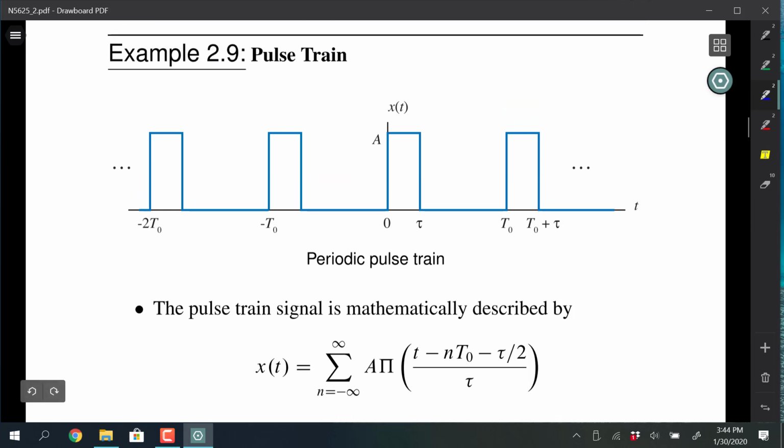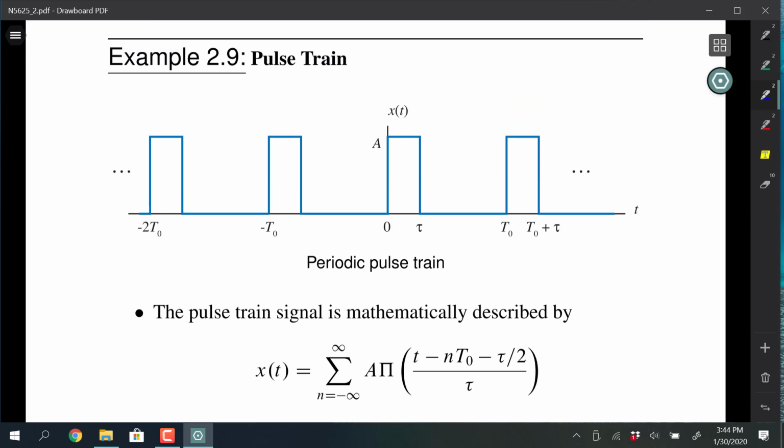So here is the pulse train, amplitude of A, with the so-called duty cycle. The period of time out of the total period t naught that it's on is tau. What's not showing up in here, and what is a theorem that we'll be talking about in just a few minutes, is that it's also possible to say that the pulse starts at little t naught, and then this will be tau plus little t naught, and then this will be t naught plus little t naught.